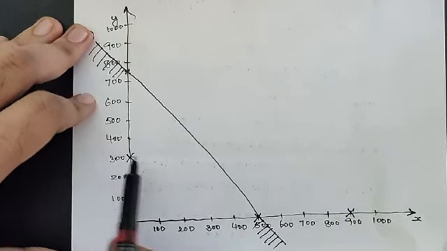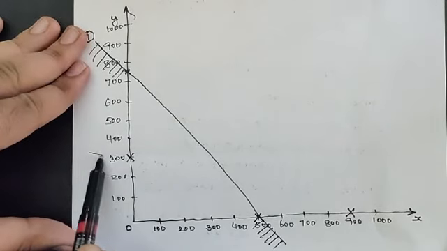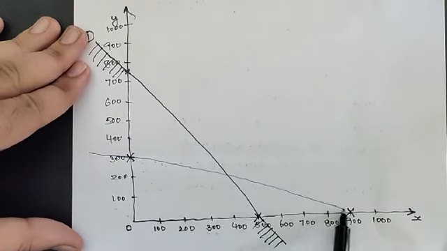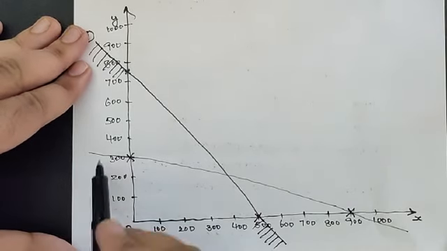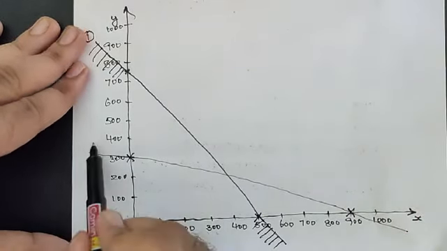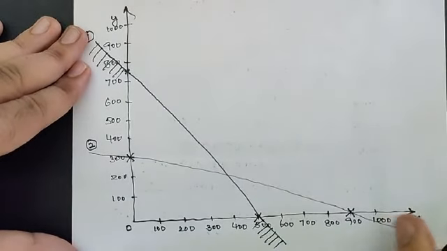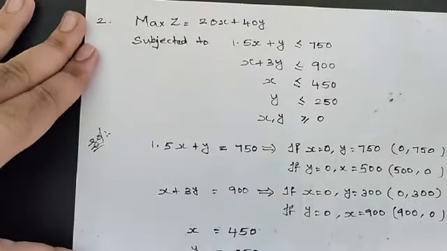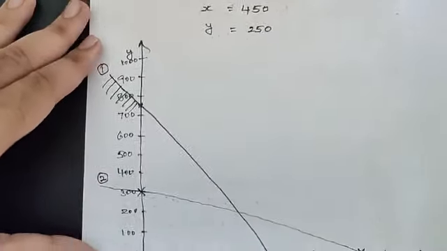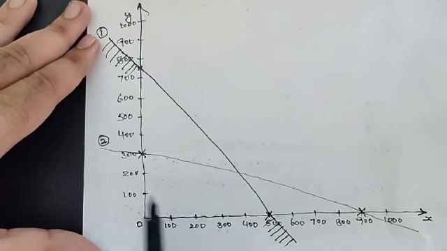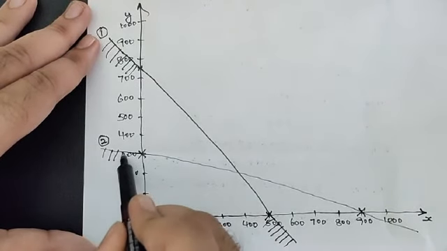Now let us draw a line by joining these 2 points. With the help of the scale, please draw the lines. So now this is constraint 2. What is the type of the constraint? It is also of less than or equal to type. So now the region is completely below this line.